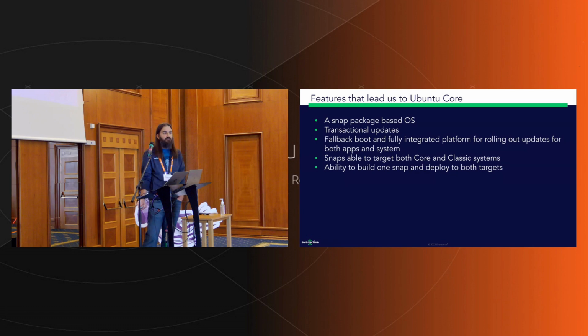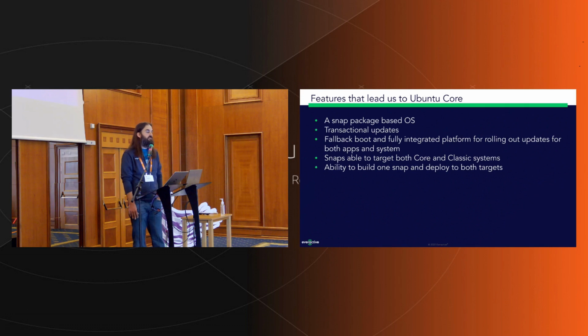We liked that the whole system was going to be snap-based, from the kernel, the gadget, the applications, and it meant that the whole system from end to end had transactional updates. With Ubuntu Core, you also get nice fallback behavior, both for your applications and the kernel if things go wrong.